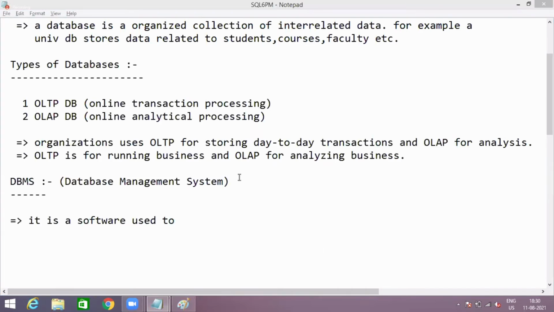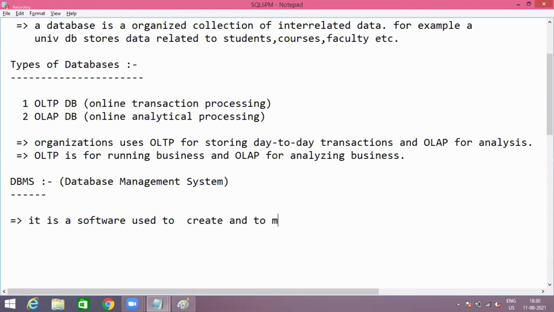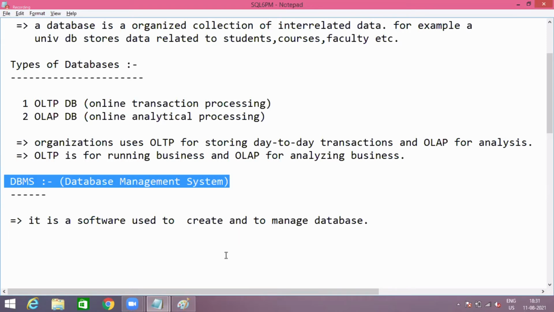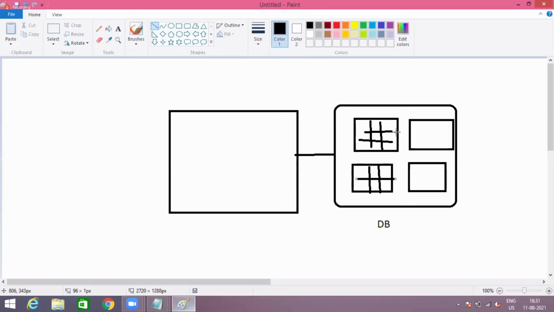DBMS is a software used to create and manage databases. In your system, if you want to create or work with a database, you need DBMS software. So tell me, what is a database?